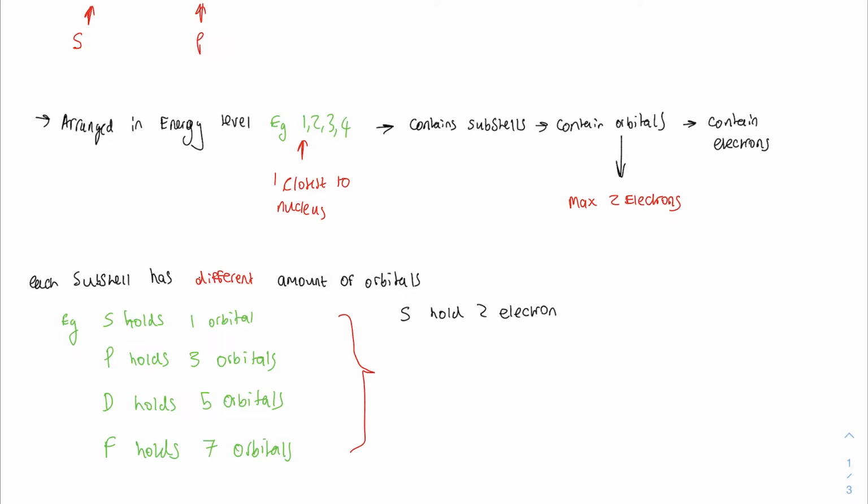Because any orbital can hold a maximum of 2 electrons, and if an S holds 1 orbital, then it can hold 2 electrons. A P should be able to hold 2 times 3, so 6 electrons. A D can hold 5 times 2, so 10 electrons. And an F can hold 7 times 2, so 14 electrons.